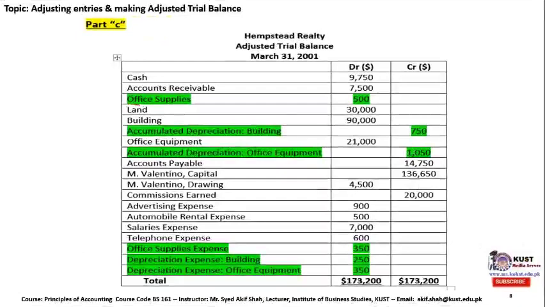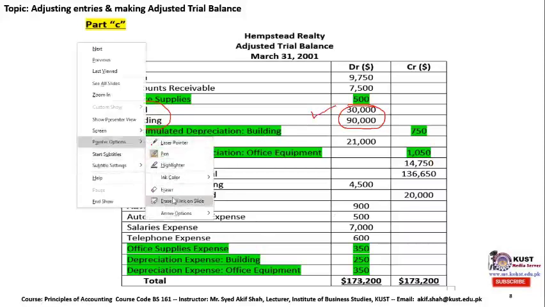So you can see that the land and building is written as it is in the debit column, picked up from the trial balance and mentioned in the adjusted trial balance, because our adjusting entry in the previous part was not affecting these two titles. And we have to mention them at the original historical cost.